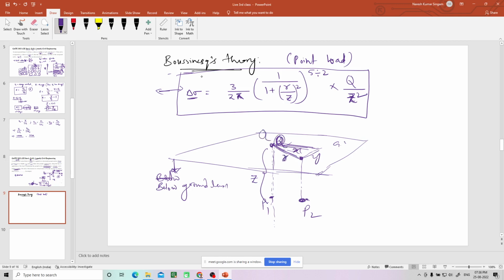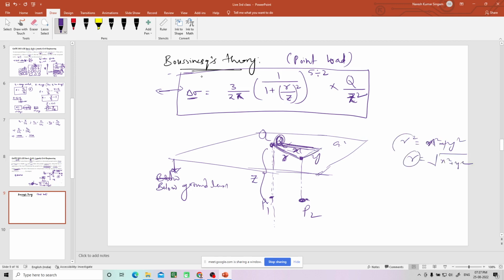How to find out the R? First you will go in one direction, let us say X direction, then you will come Y direction. You can find out R square equal to X square plus Y square, right? R equals under root of X square plus Y square.